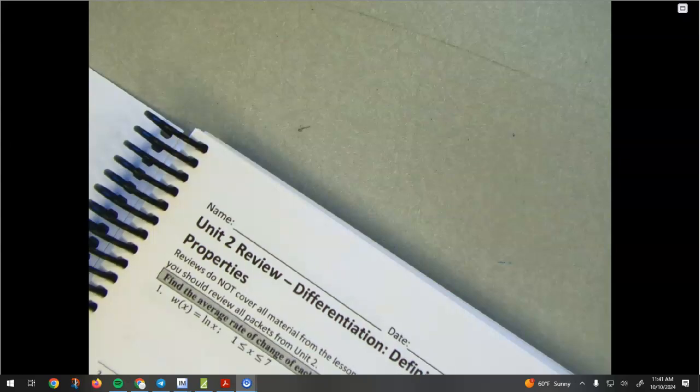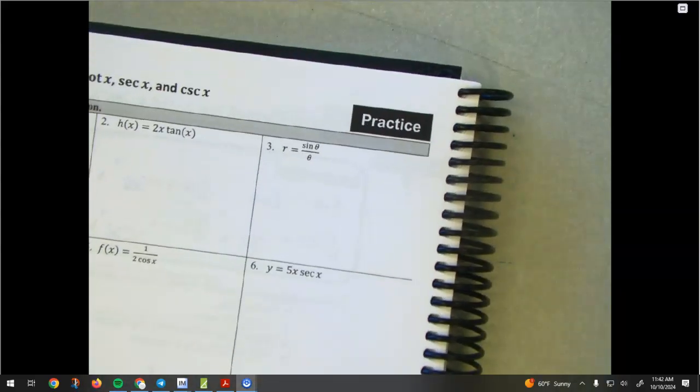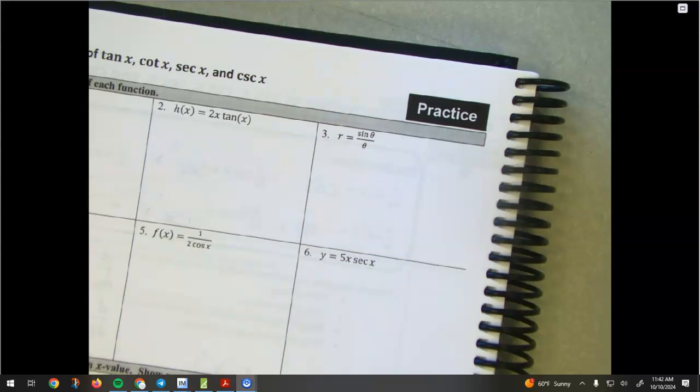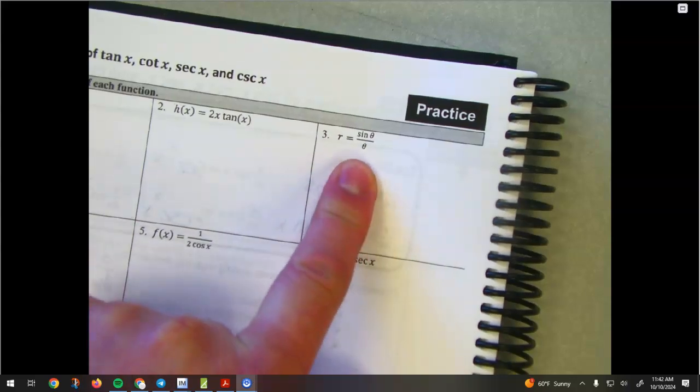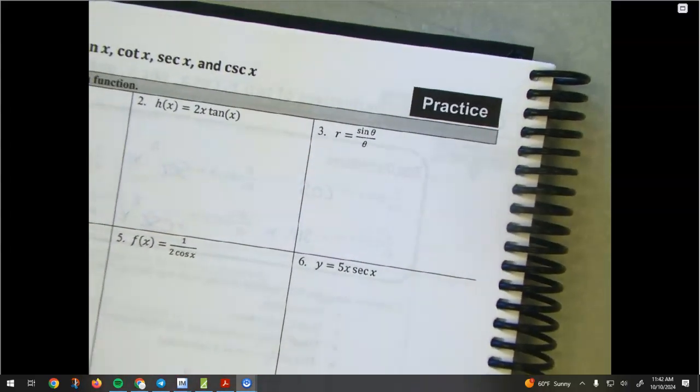Other questions for me on 2.8, 2.9, 2.10, the review yet? What number? Where are we at? Well, this 3 right here, that's a variable.